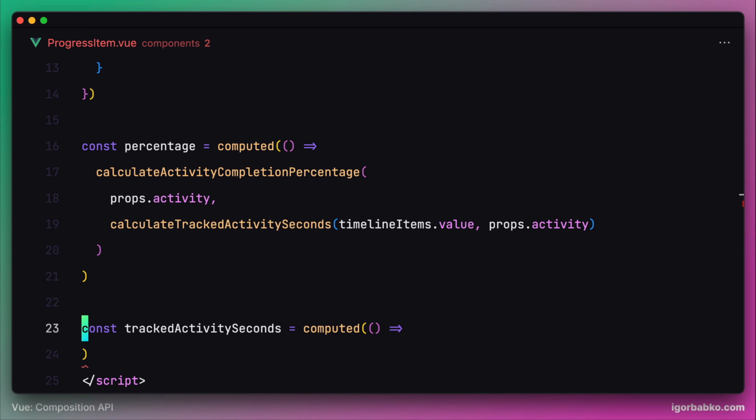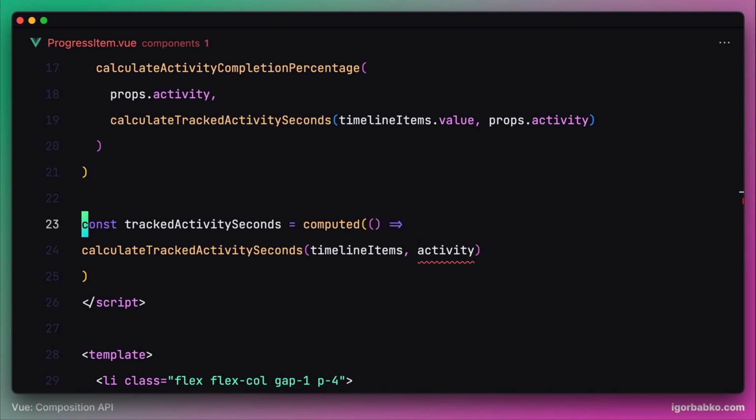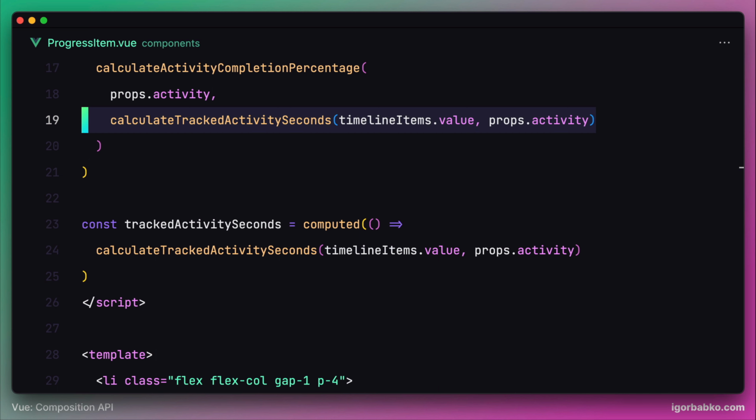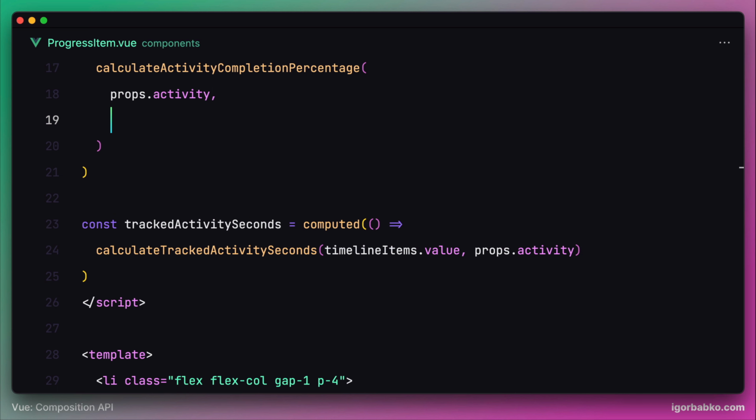So we're basically going to return the result of executing the calculate direct activity seconds function, and this value will become the value of this computed property. And another reason why we have done this refactoring is that we can reuse this computed property right here. So instead of calling this function again, let's reference the direct activity seconds property. And to get the underlying value of this computed property, we need to reference the property value.